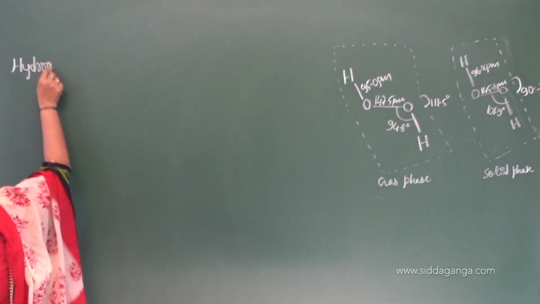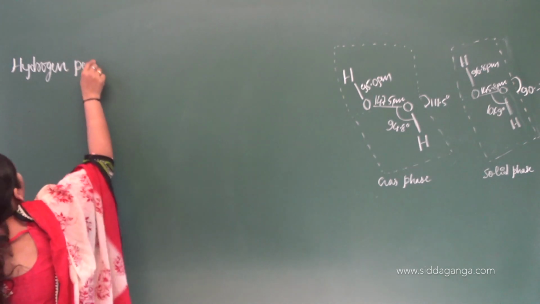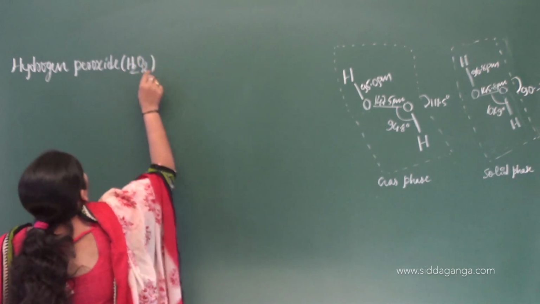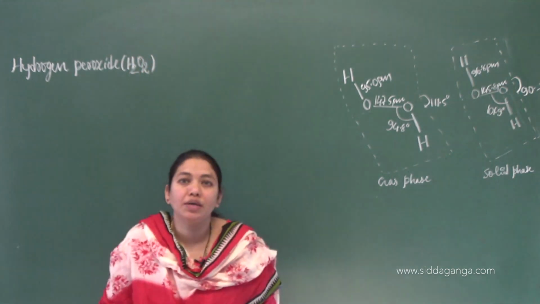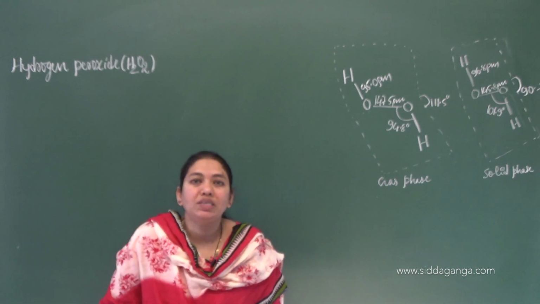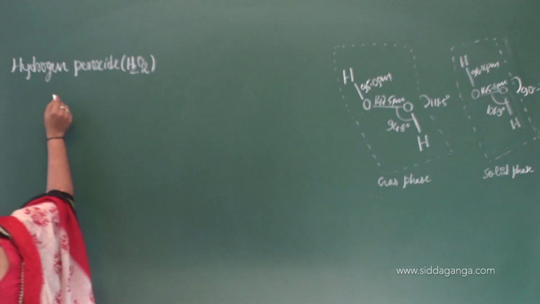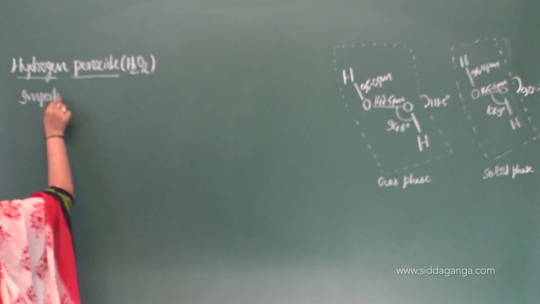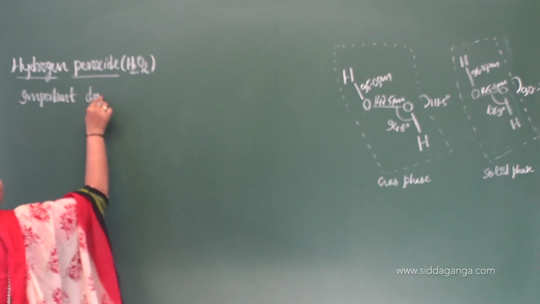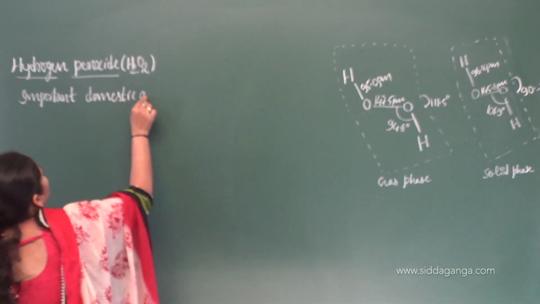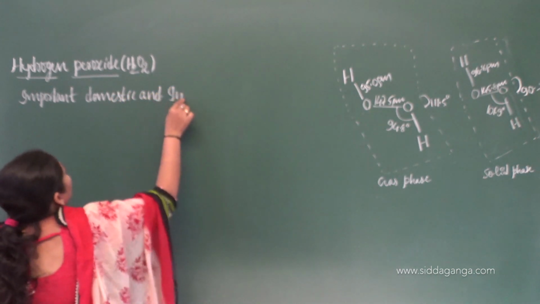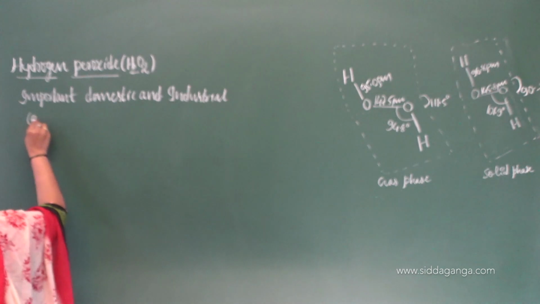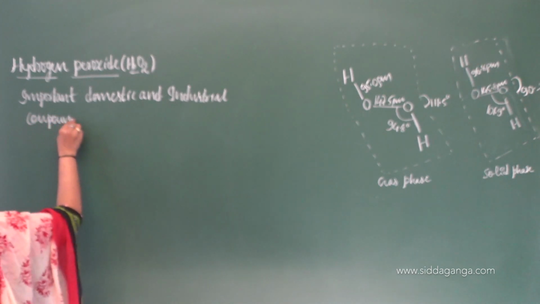Hydrogen peroxide, which is represented as H2O2. This hydrogen peroxide is a very important domestic as well as industrial compound, right?